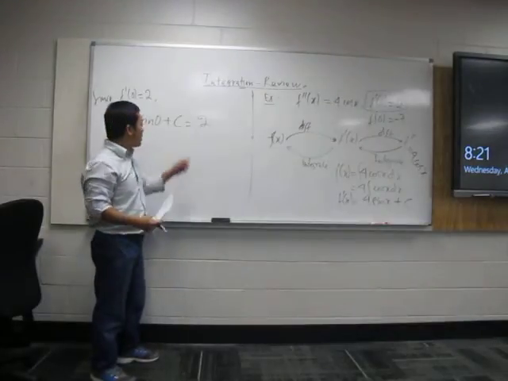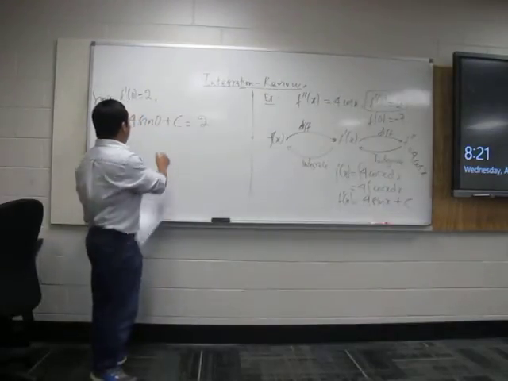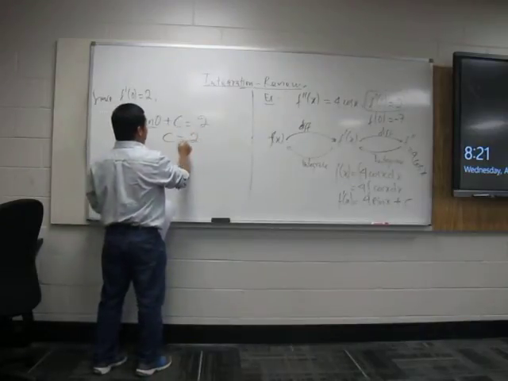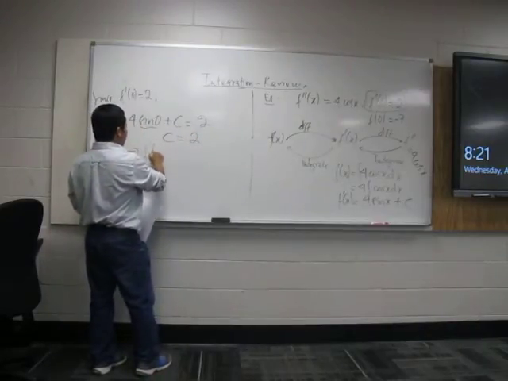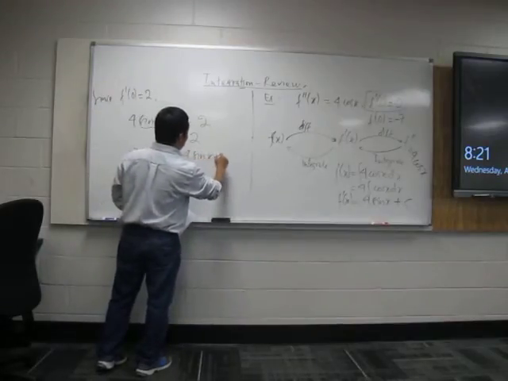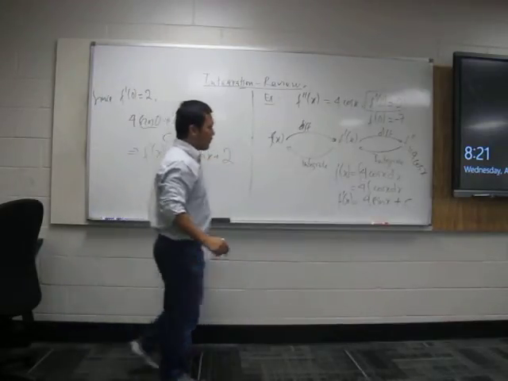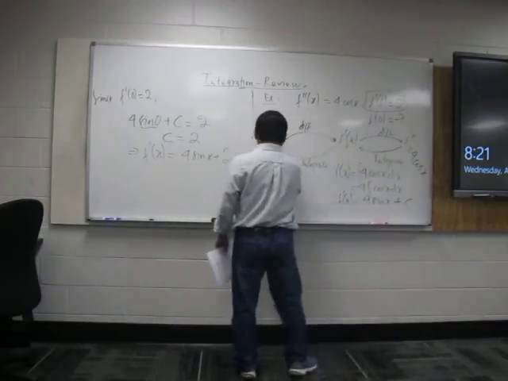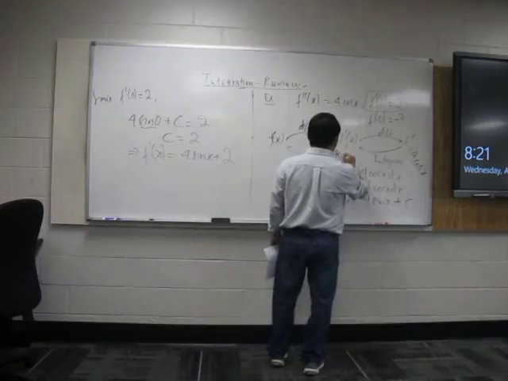You see, I just plug 0 into the function, I get that. And sine of 0 is 0, right? That means c equal to 2. From here, I have f of x derivative equal to 4 sine x plus 2. Okay, so I can fill this chart, I get that is 4 sine x plus 2.